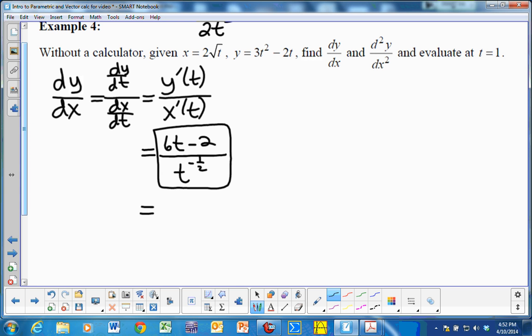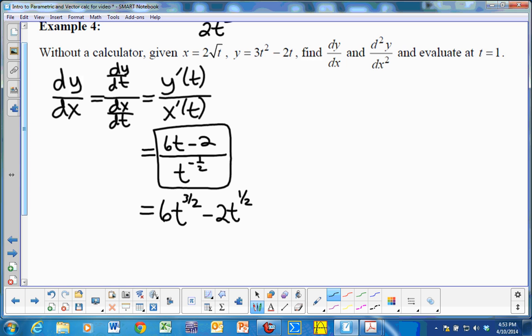You can either think of it as t to the negative 1/2 meaning t to the 1/2 in the top, or you can just do your exponent rules. There are several ways to do that, but basically you're going to have 6t to the 3/2 minus 2t to the 1/2. That negative exponent means you move it up, and it goes with each of the things on the top.